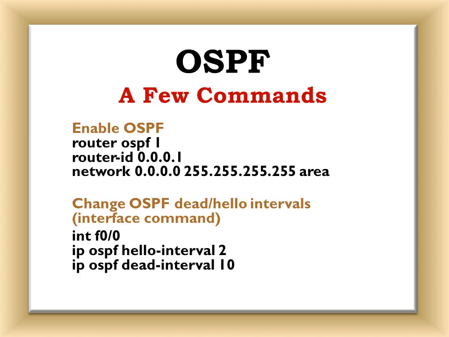So there are a lot of commands with OSPF, and I just wanted to mention a few that are important as far as being able to enable OSPF. We have router ospf 1, we have a router-id, we have the network with the area, which is important to OSPF, and then we have the command to change the OSPF dead and hello intervals, which is an interface command.